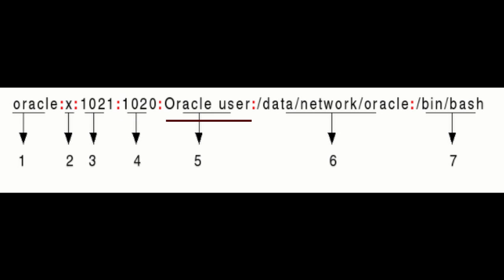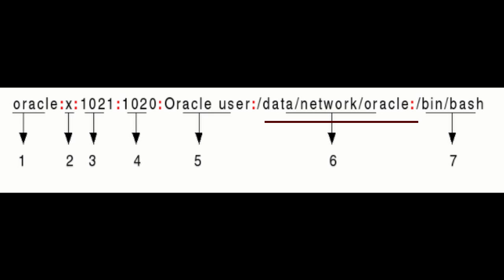The fifth is the user ID information, the comment field. It allows you to add extra information about the user, such as the user's full name, phone number, and so on. Then the sixth is the home directory, the absolute path to the directory the user will be in when they log in.